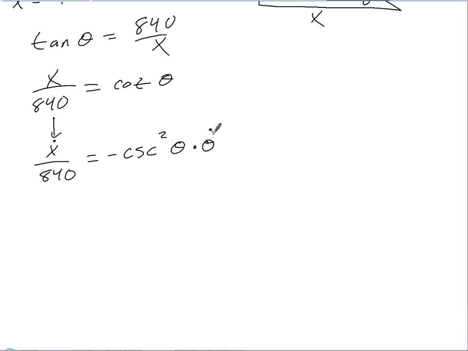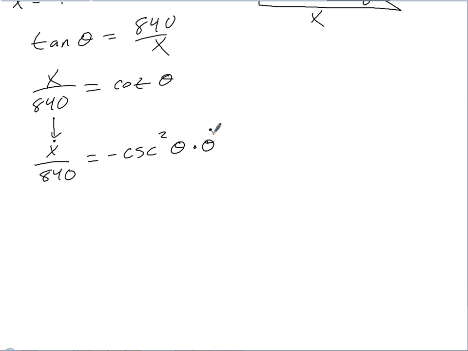True, but there's a reason for this, right? Because remember that we're not differentiating with respect to theta. If we were, the derivative of cotangent theta is just negative cosecant squared theta, right? But we're differentiating with respect to t, so we have to use the chain rule here.